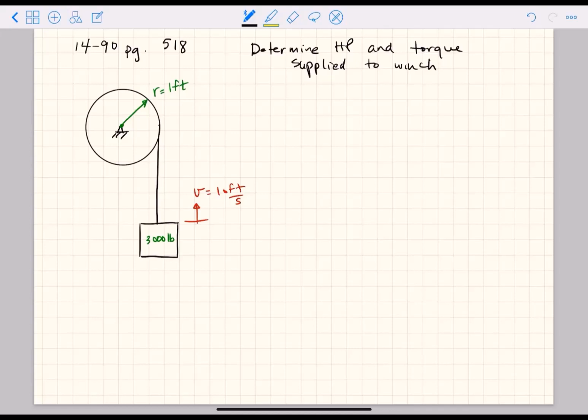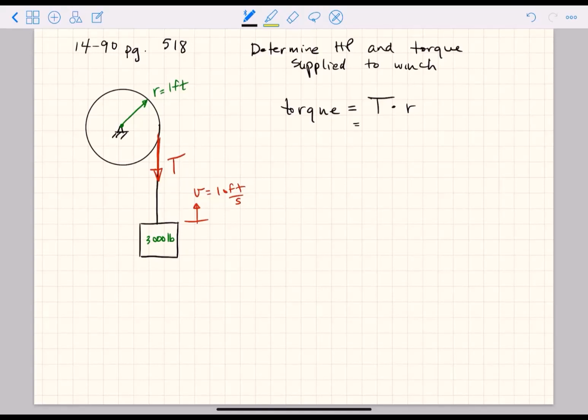Okay, so again, we're talking about torque. So torque is equal to, what did we say it was in our last problem? The very first thing we said, torque was equal to tension times the radius of that drum. So of course, if there's 3,000 pounds that we're trying to lift upwards, then we know that the tension in the line, that's T, and the radius is already shown on there, so T times R. And in this case, it's not mass, be careful, we already have a weight.